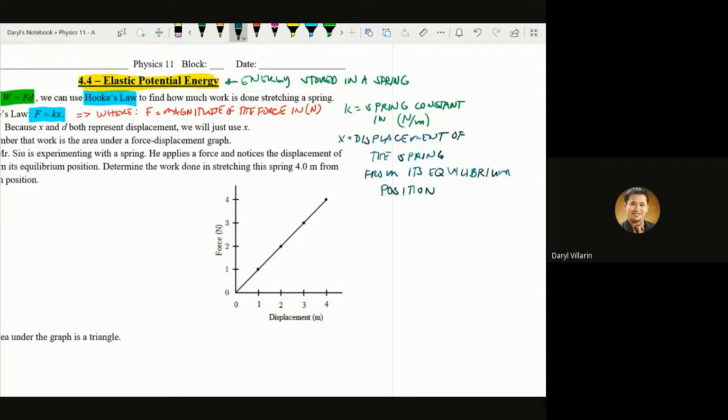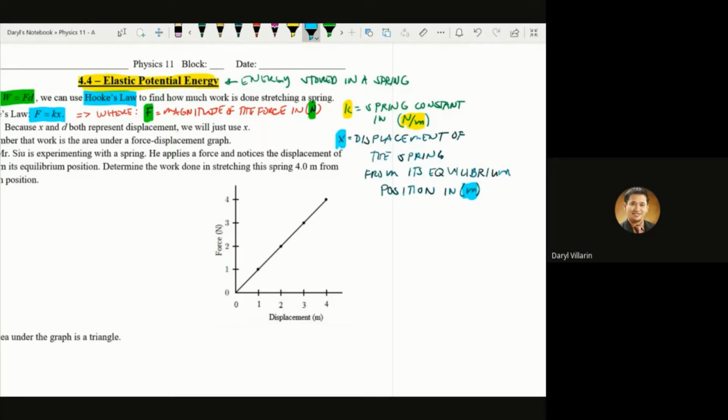The unit here is meter. So take note of the different units that you're using. Force must be in Newton, K is given in Newton per meter, and lastly, x, which denotes the displacement, should be in meters.